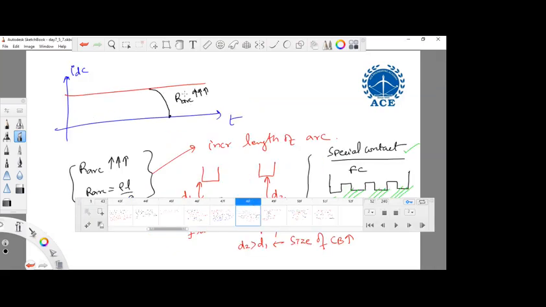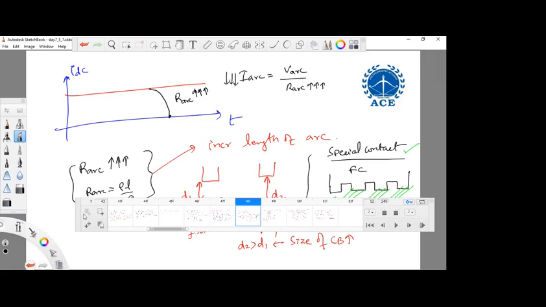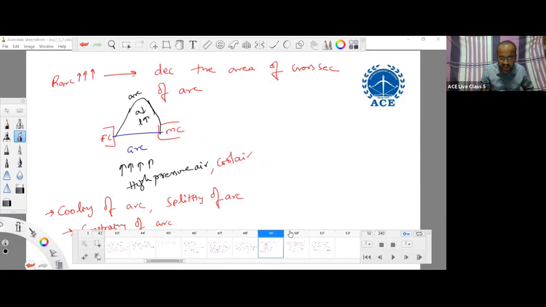How is that made, sir? Because the arc current relation is voltage across the arc divided by arc resistance. So if you increase the arc resistance, the arc current reduces or not? That can be done by increasing the length of the arc, reducing the area of cross section, cooling the arc, splitting the arc, constraining the arc like this.